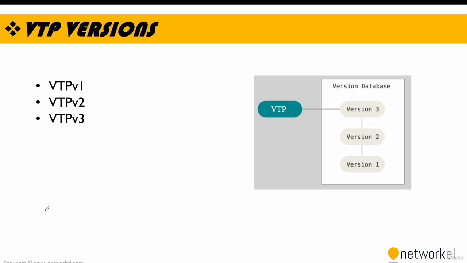So in conclusion, VTP version 1 is for basic VLAN management and cannot be used for extended VLAN ranges. VTP version 2 has some enhanced features, supports pruning and token ring. VTP version 3 provides full VLAN support with security enhancements and better management capabilities.